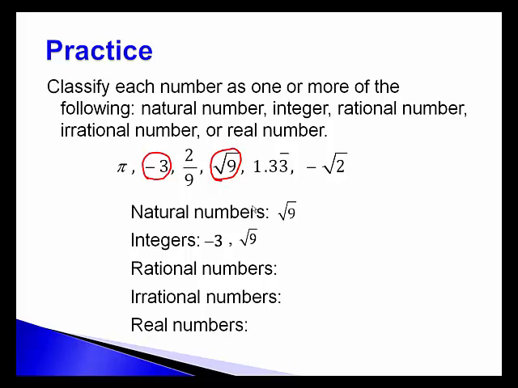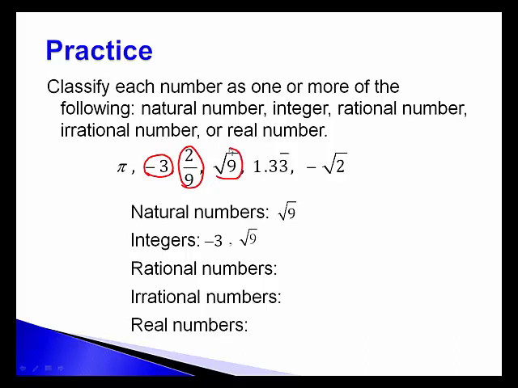We next need to look for the rational numbers. Remind ourselves what rational numbers are. They are the set of integers, all fractions, and repeating and terminating decimals. So let's look across our list. Pi is not a rational number, but I do have an integer there, a fraction here.